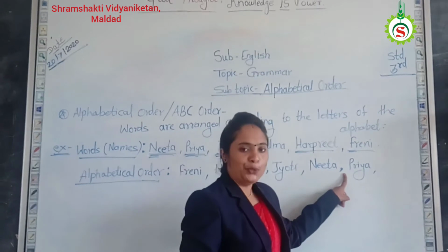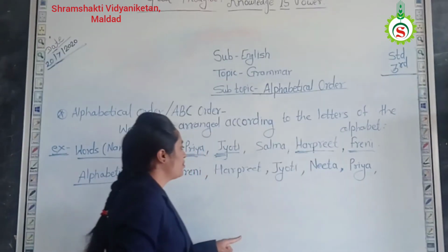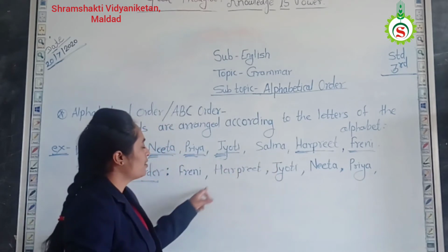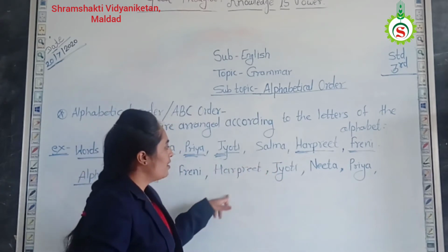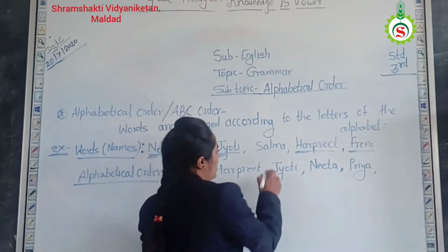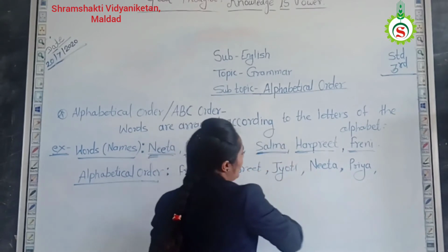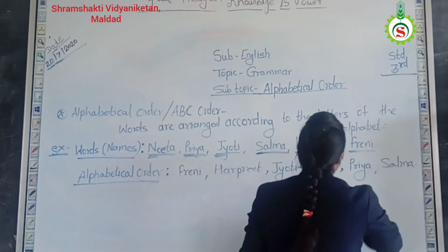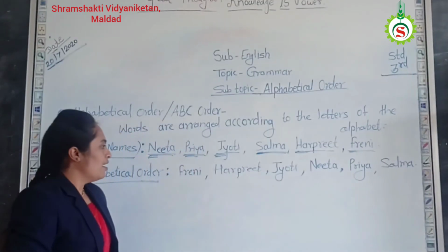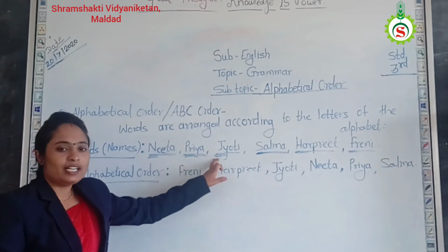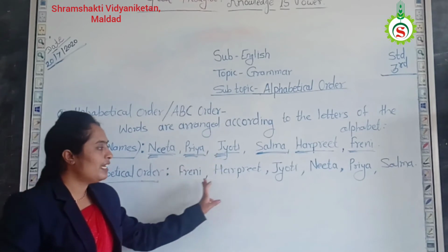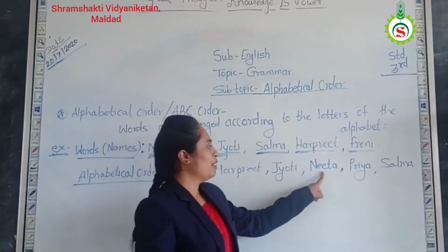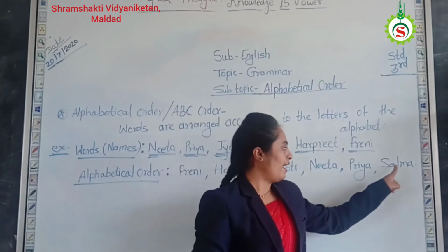After P, Q. No one starts from Q. R, no, then S. Salma starts from S. Salma. We write the six words according to the letters of the alphabet: Prem, Harpreet, Jyoti, Nita, Priya and Salma.